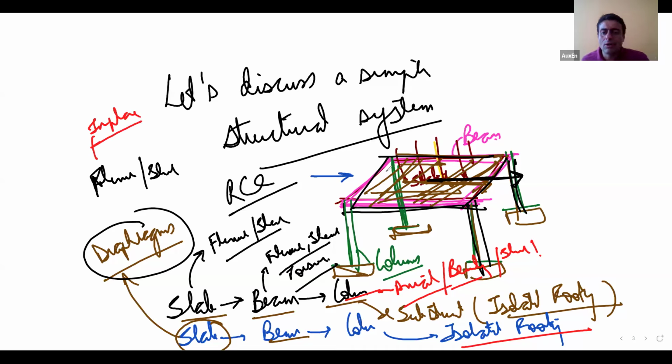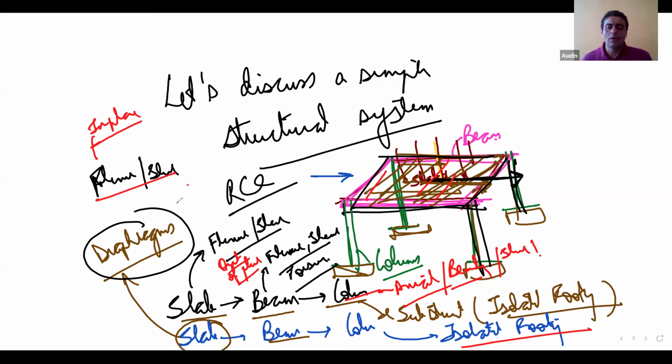When it had to take gravity loads, this slab, it was out of plane flexure. But when it has to take the lateral loads, my slabs generate what are called the in-plane moments or in-plane flexure and in-plane shears.